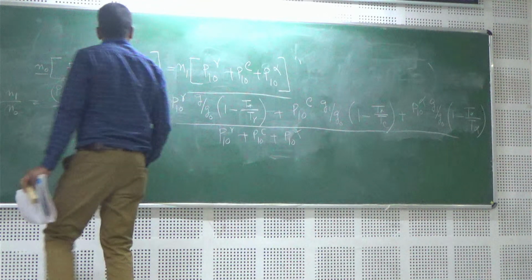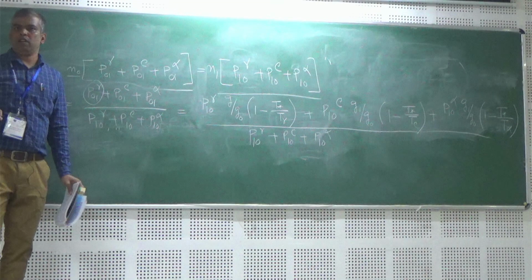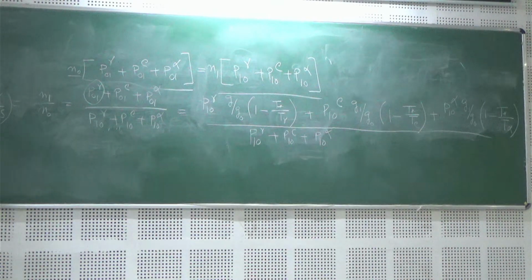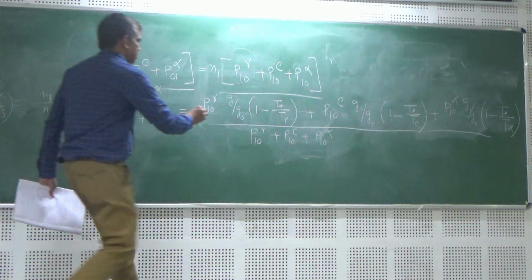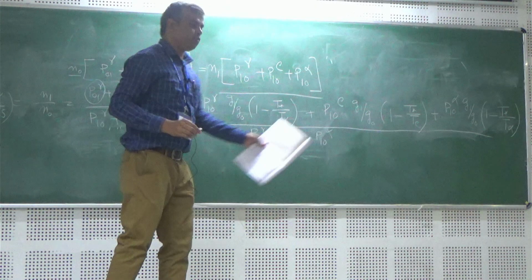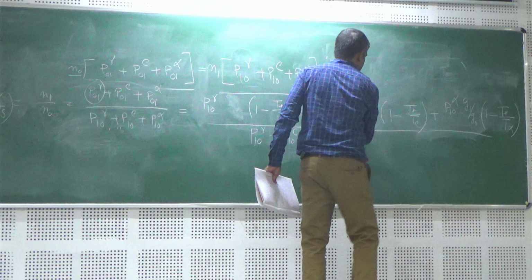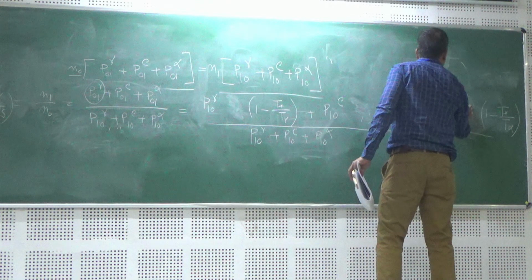Is it okay? I've just replaced this with the one that I just wrote. Now you see we have this G1 by G0 factor in all three terms, so we can actually cancel this, and cancel this, and cancel with this term.